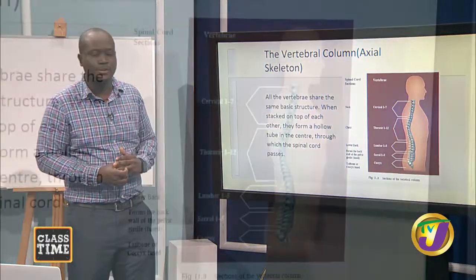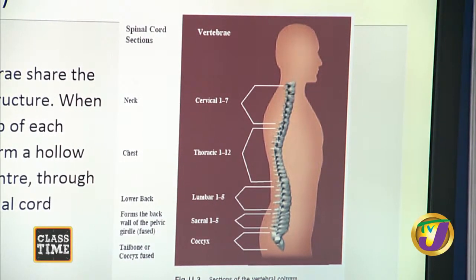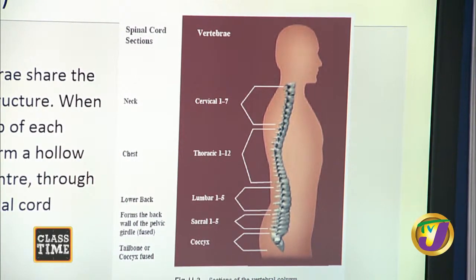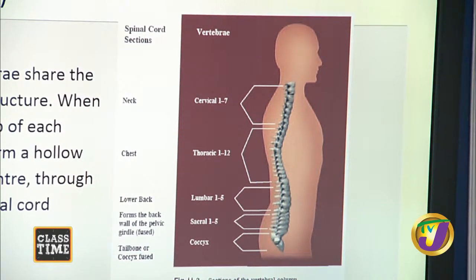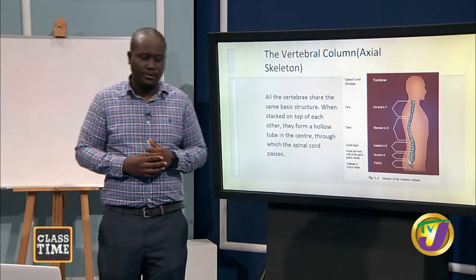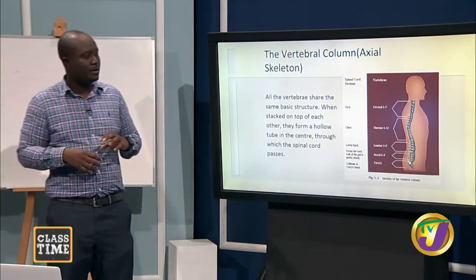And these 33 bones more or less have a similar basic structure. Right, and they are stacked one on top of each other, with a hollow tube in the middle, and this hollow tube is where your spinal cord passes. So one of the functions of the vertebral column is that it helps to protect the spinal cord.